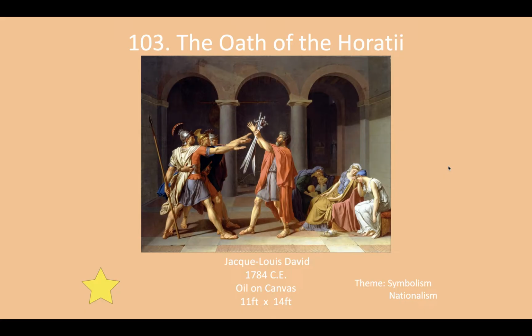So, what are we looking at here? We're looking at the idea that as things are getting bad in France, 1784, things are getting bad. Okay? They know the revolution is coming. The populace is unhappy. Bad things are happening around France. And so this piece is to remind you of what is going on here.